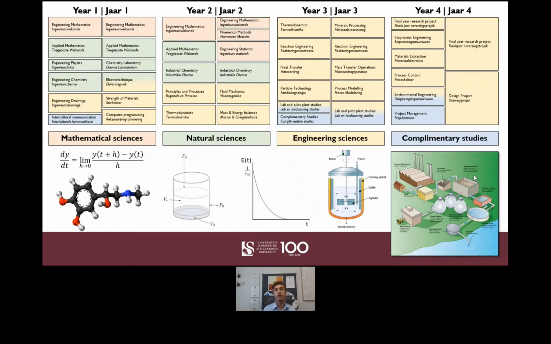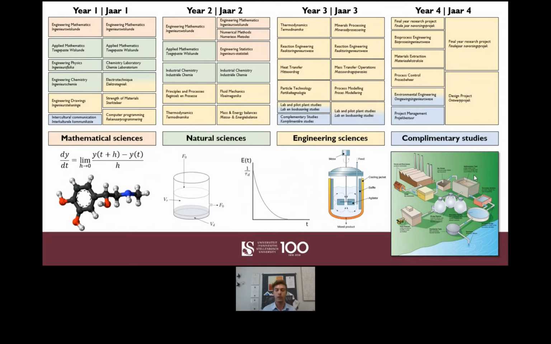Our first year is a common first year between all the engineering undergraduates. So you will be studying with the civil engineers, the mechanical engineers, and so forth, all together in the first year. And you'll see that the 4 years are divided into different types of courses. So in the first 2 years, we focus on mathematical sciences and natural sciences to give you a strong foundation.